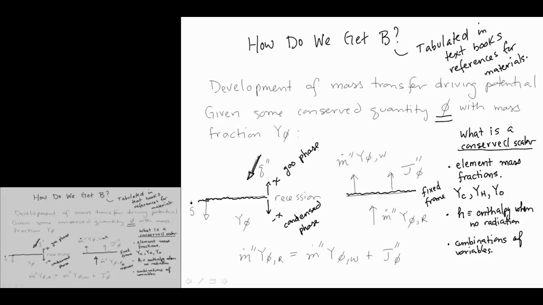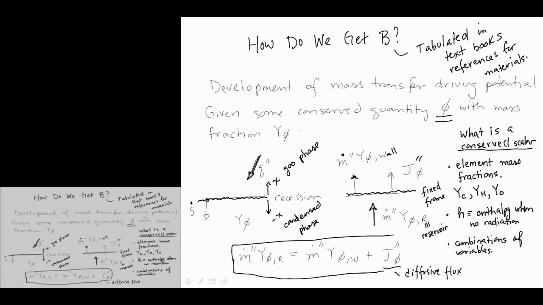There's bulk motion away from the wall, and there's a diffusive flux of phi, which is this j double prime phi. So this conservation relation just says that the reservoir value is equal to the bulk flow plus the diffusive flux.